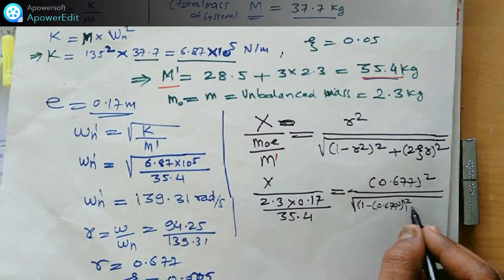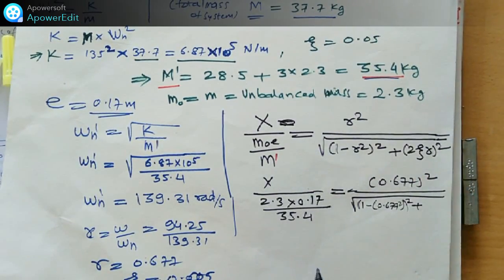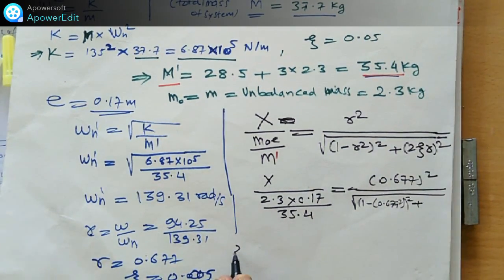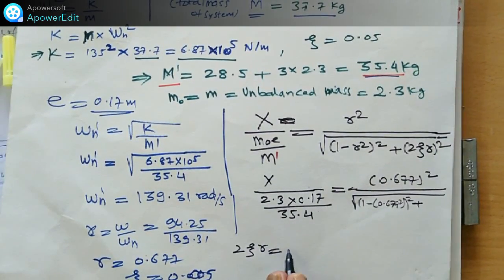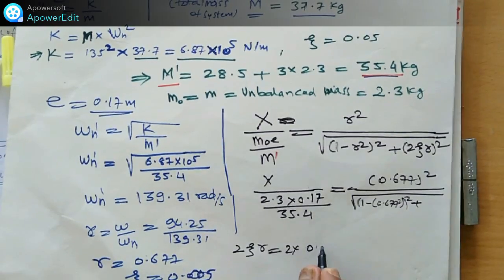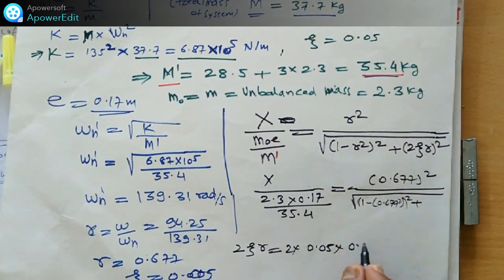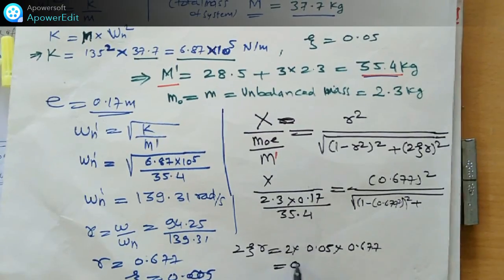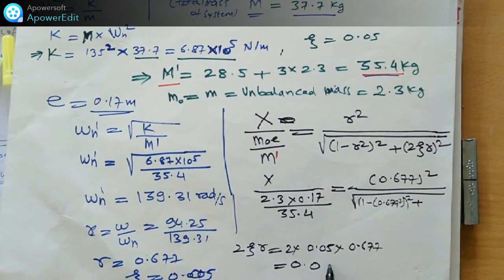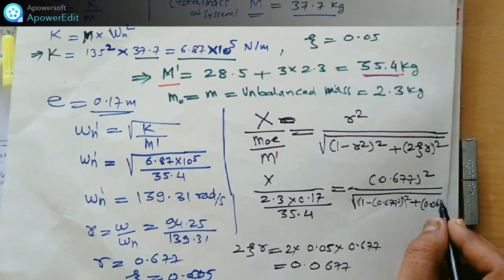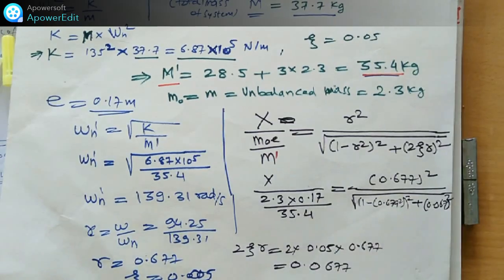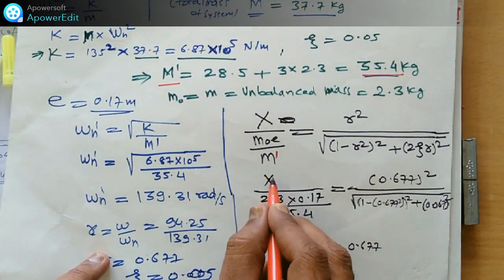What is the value of 2 into zeta, 0.05, into r, 0.677? This value becomes 0.0677. Putting this value, 0.0677, its square.